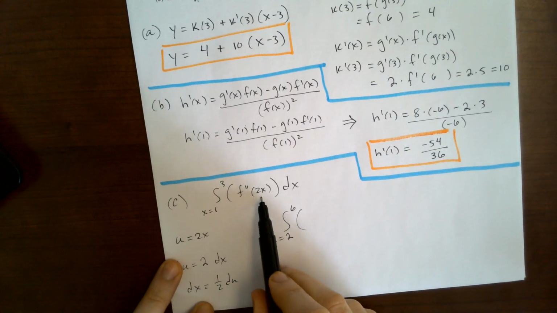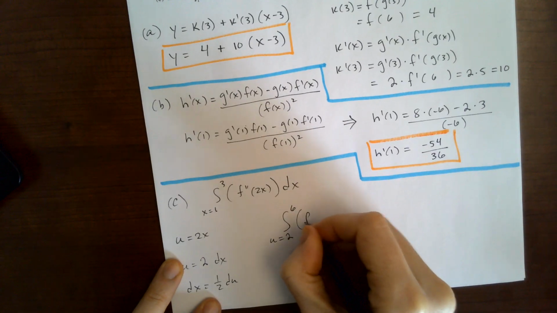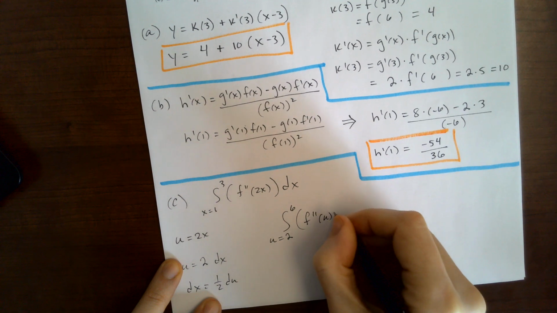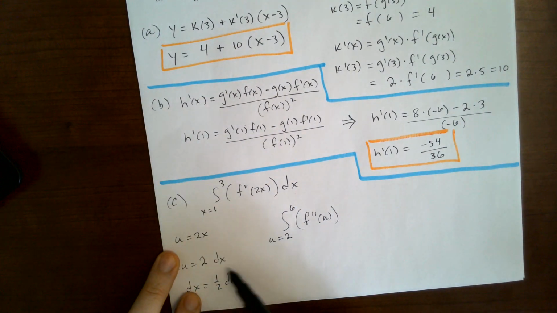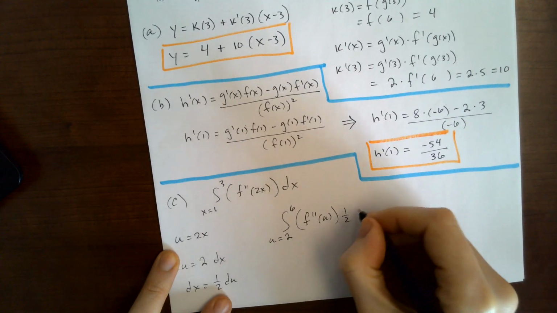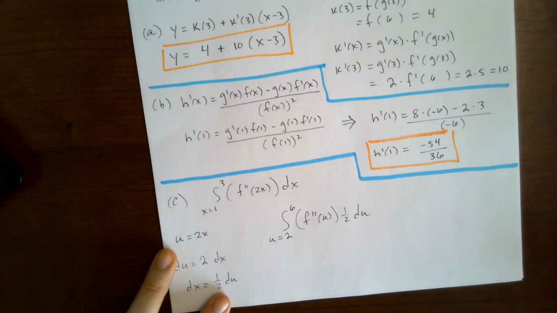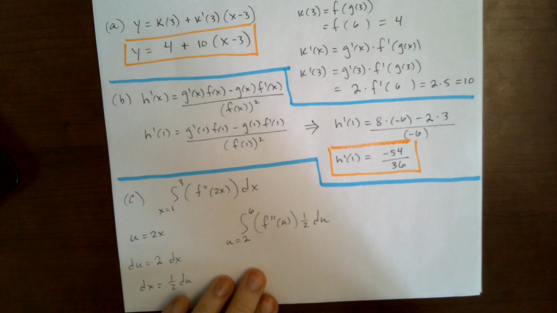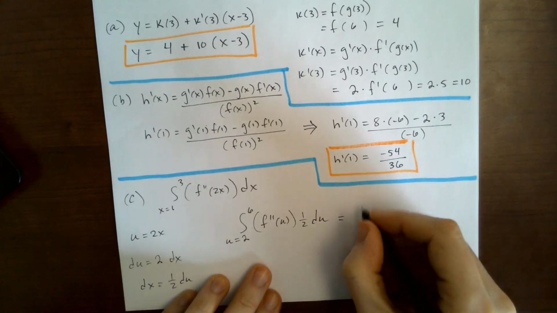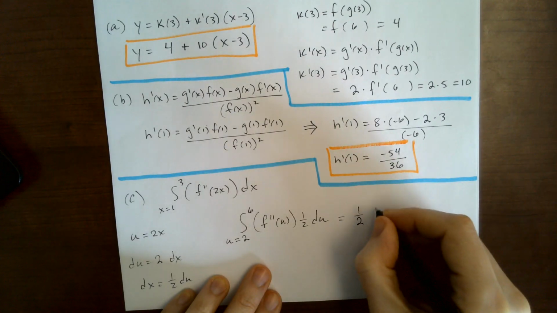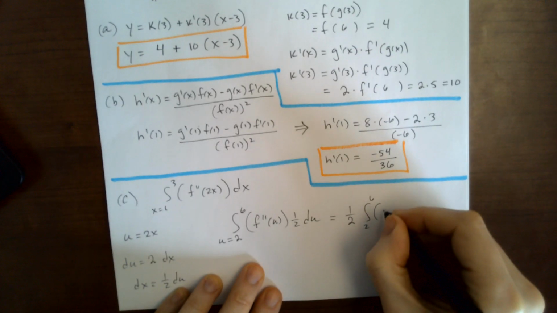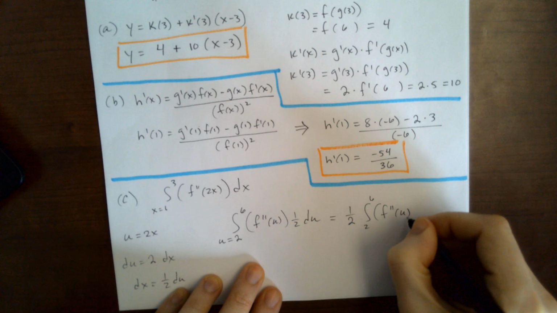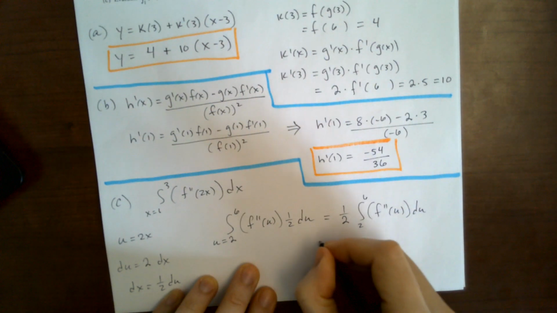So now this becomes f double prime of u, and then in for the dx, I put 1/2 du. Now the 1/2 is a constant, so you can pull it out front. And then this is f double prime of u du.